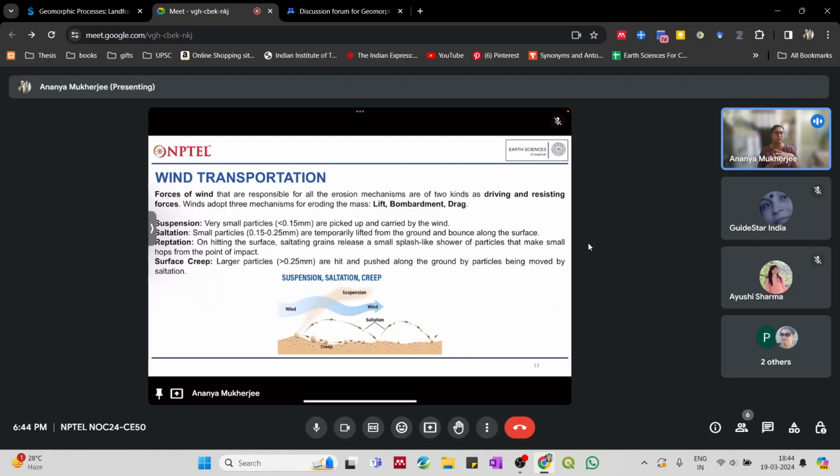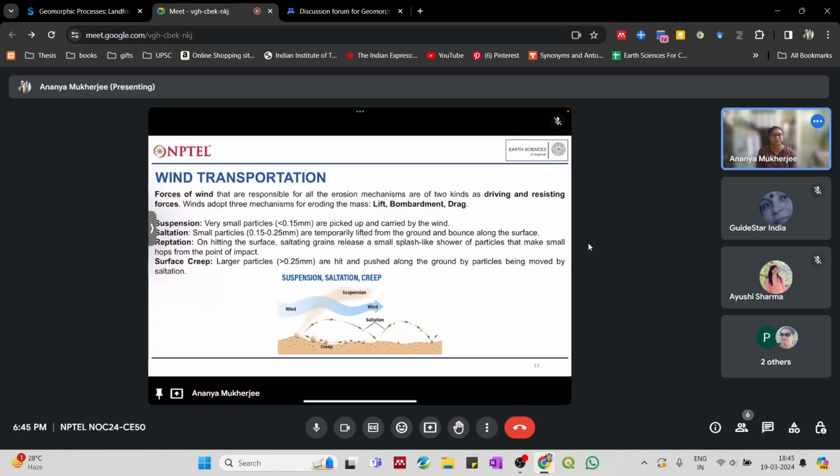You need a very high wind velocity to transport larger fragments of rocks, because it is difficult for the wind to carry the larger sediments, but the finer ones are carried with the wind, and most of it is carried by suspension.